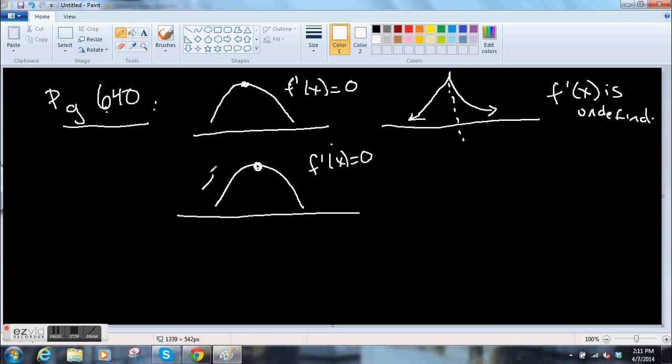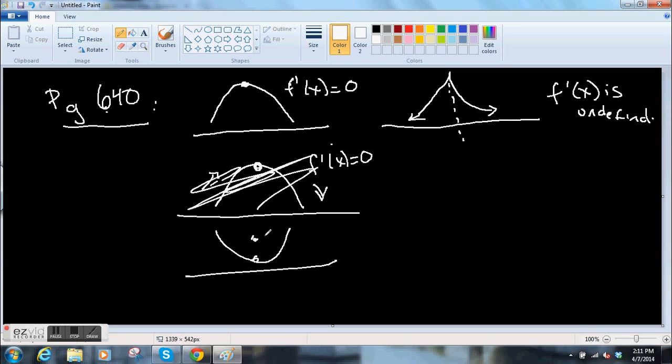And you see that it's going down and then up, you do that same sign test, and this is a relative minimum. If it goes down and then up, and the derivative equals 0 here, then this is a relative minimum.